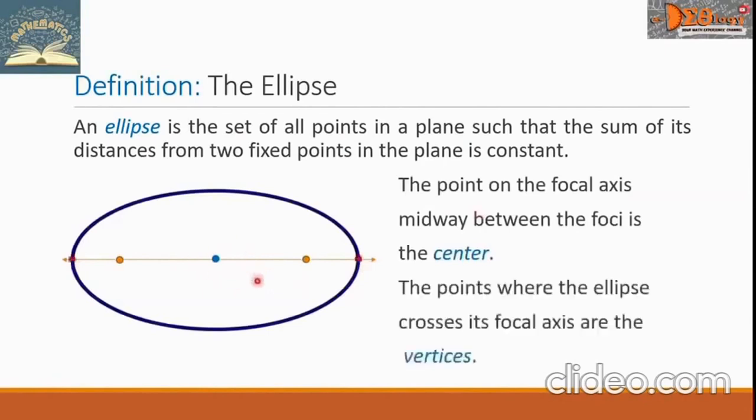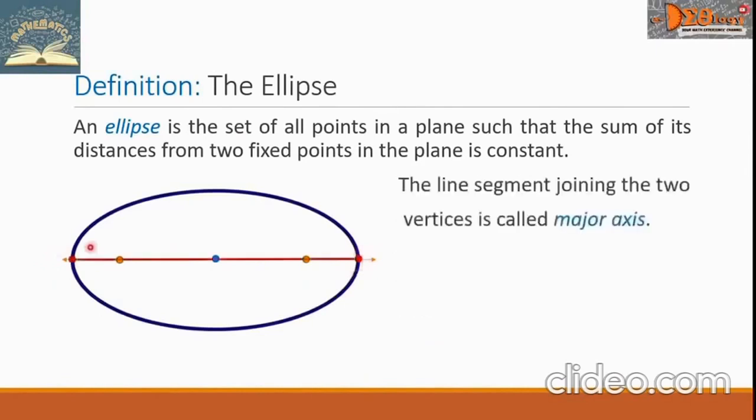The points where the ellipse crosses its focal axis are the vertices. So we have 2 vertices. This is the first vertex, and this is the second. The line segment joining the 2 vertices is called the major axis.